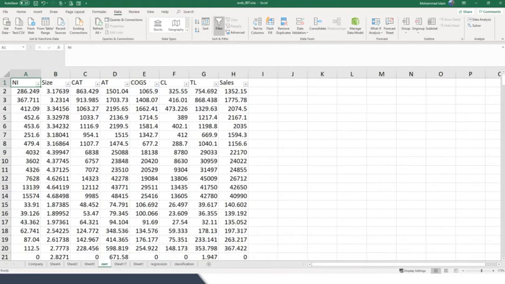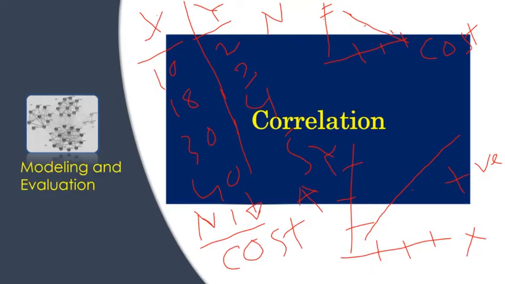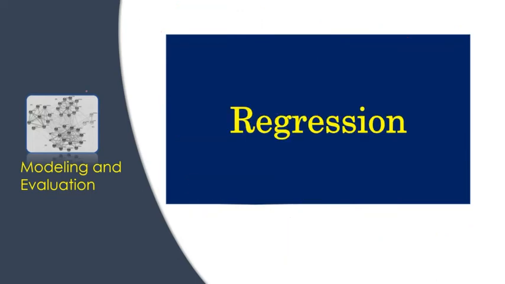The second and final one is regression. Regression means how the change in one variable is associated with change in another variable. Say our outcome variable is y, and actually this is a function of many x variables.